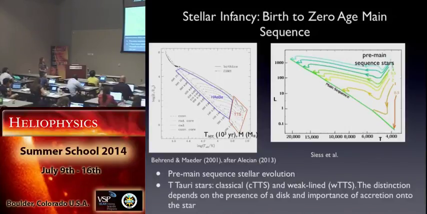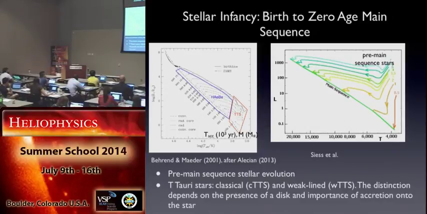These are some plots meant to give you a sense of what we mean when we talk about stellar birth to the zero age main sequence. We're talking about stars that have just formed. They might still contain the remnants of their formation processes, or still be actively forming planets, so they could have a disk around them. Stars that have disks are called classical T Tauri stars.